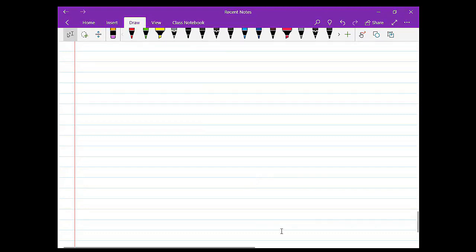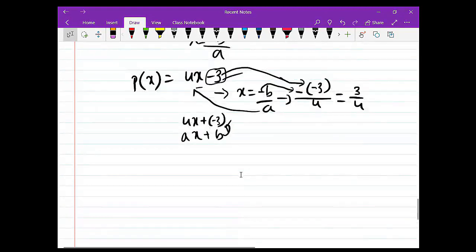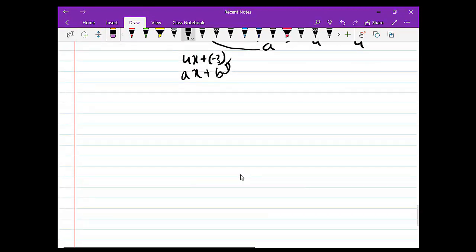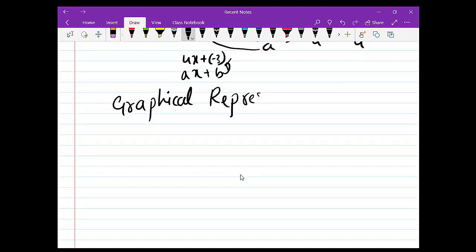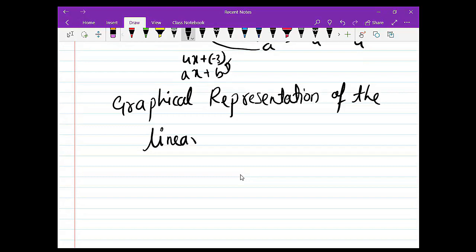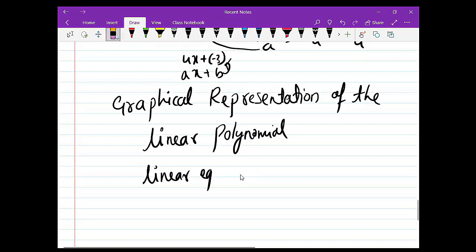Today I am going to complete here only, because next is learning the graphical representation of the linear polynomial. Linear means it is a straight line.